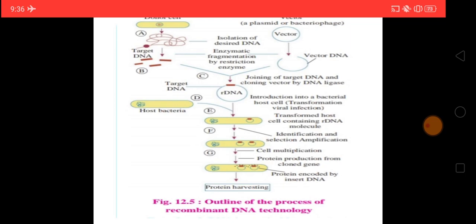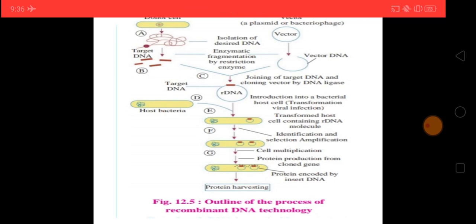Once the transformed host cells are separated by the screening process, in this step the transformed host cells are introduced into fresh culture media. At this stage, the host cells divide and redivide along with the replication of the recombinant DNA carried by them.